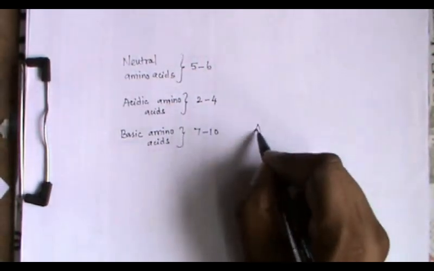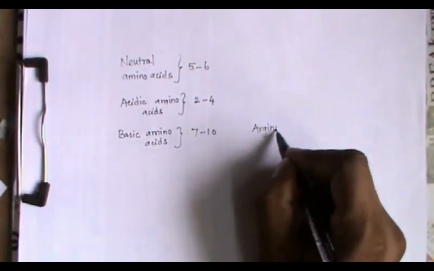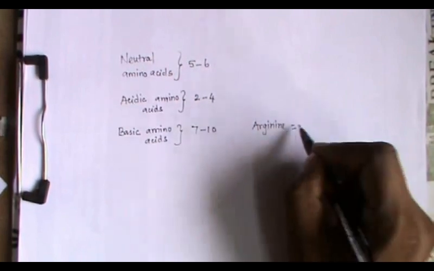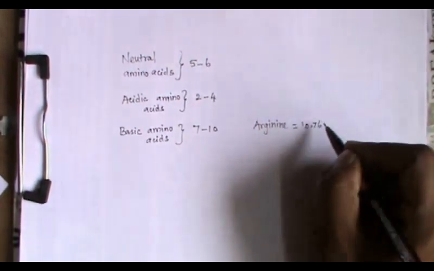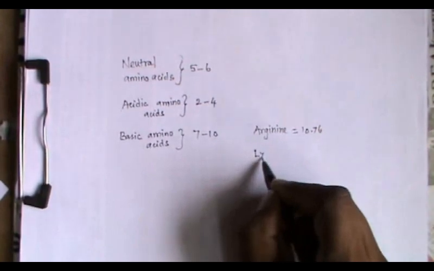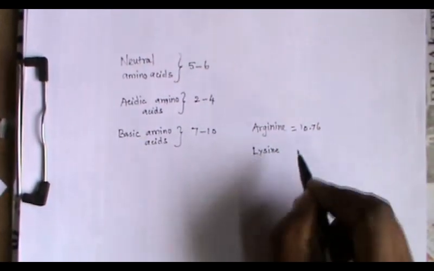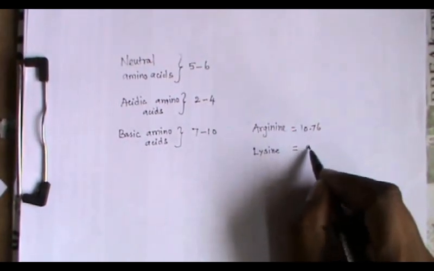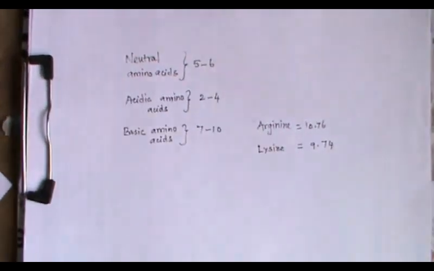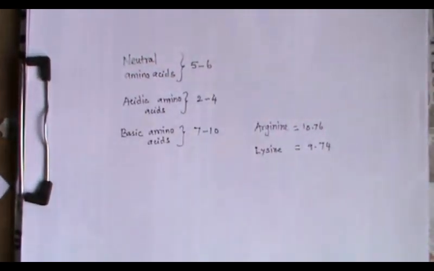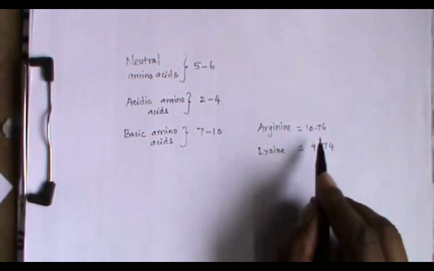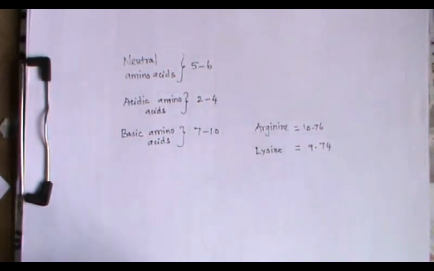For arginine, it is 10.76. For lysine, it is 9.74. There is a huge difference in the pKa values of these amino acids.